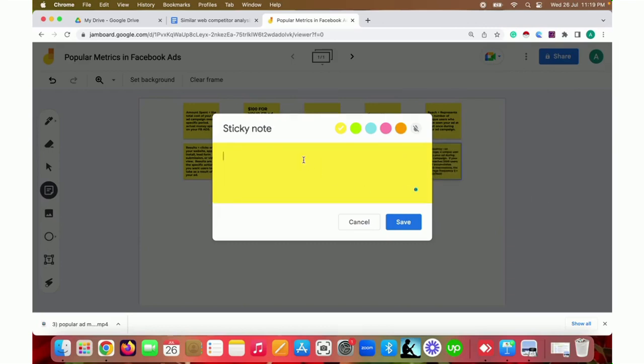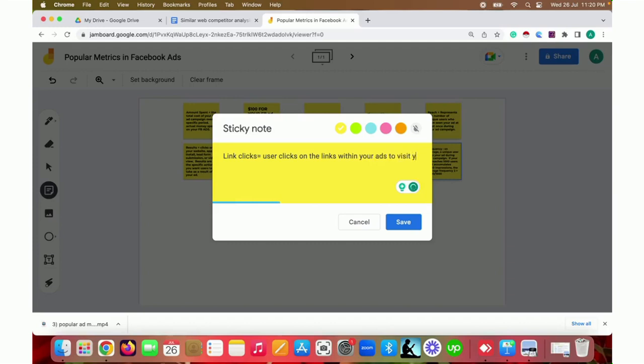Next, let's go to link clicks. This is easy. Link clicks represent the number of times users click on the link within your ad to visit your website or landing page.